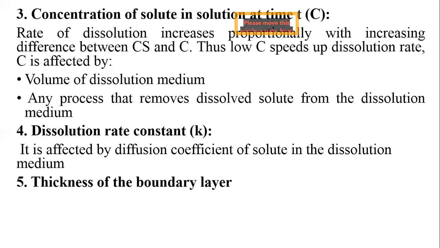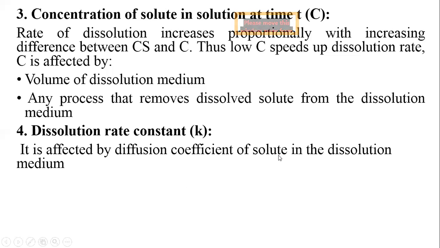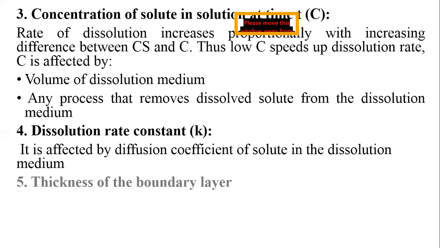This diffusion coefficient is affected by, for example, the viscosity of the dissolution medium and molecular characteristics, for example, size and shape of the particles and so on. Thickness of the boundary layer is another factor that affects the rate of dissolution of the particles.